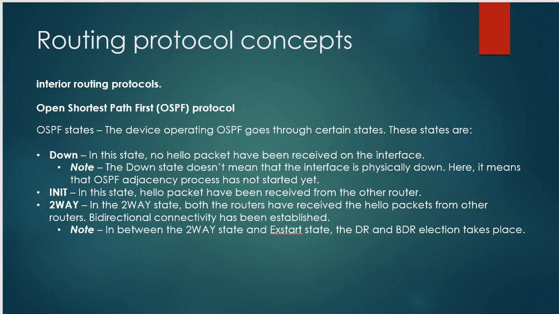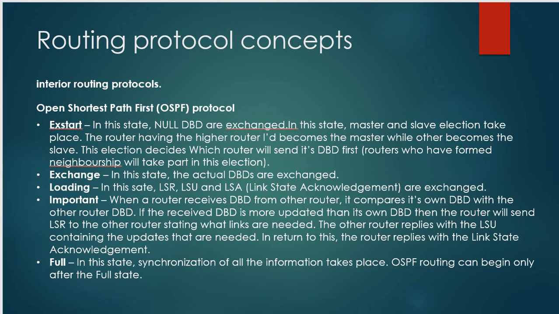So we have to note that the designated router and backup designated router elections take place between these two states. Let's move on to the last slide of this interior routing protocol, OSPF.